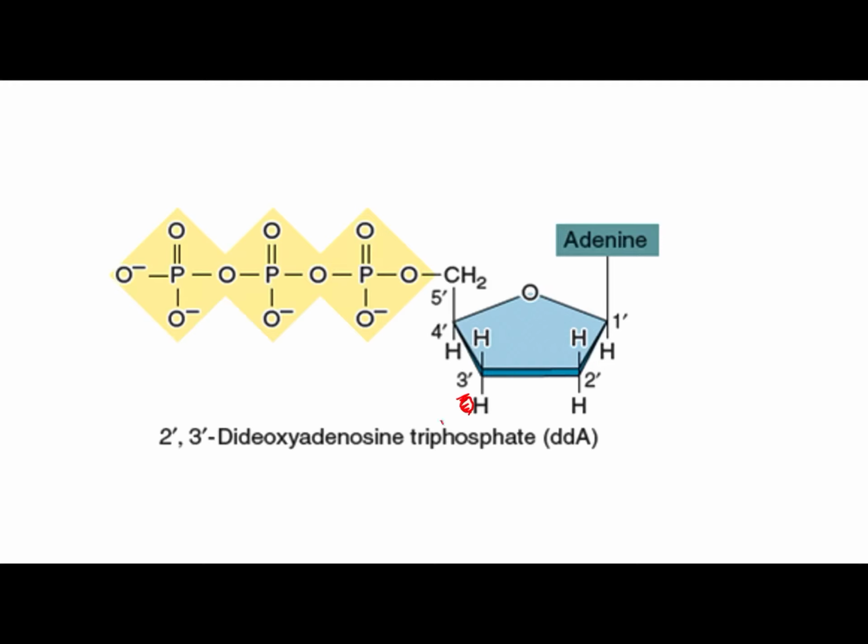So what happens is the DNA polymerase just falls off because it can't add any more nucleotides to that growing strand. So this is our dideoxyribonucleotide, or in this case, it's a nucleotide triphosphate, because they're the building blocks that are used to make DNA in DNA replication.